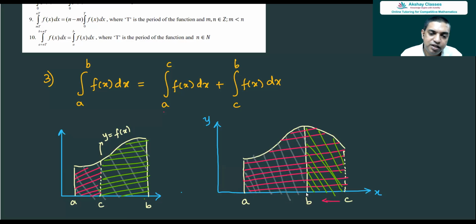So what we are left with, total area minus this area, is this area shaded with the pencil. So in both the cases, whether c lies inside or c lies outside, the integral a to b f of x dx will be this area shaded with the pencil shade or the gray shade. So did you understand?